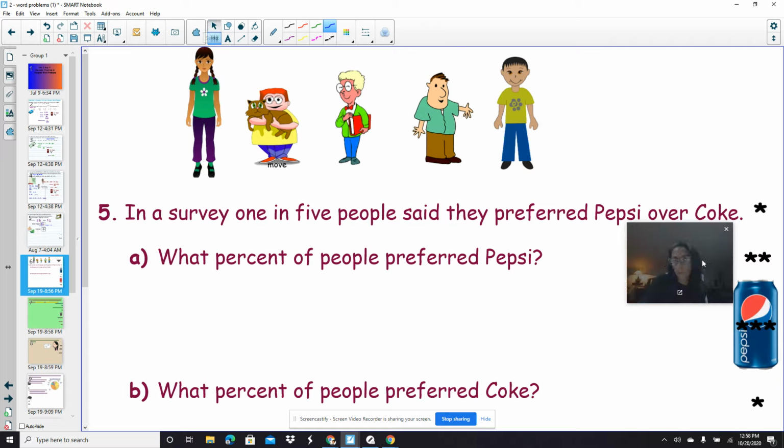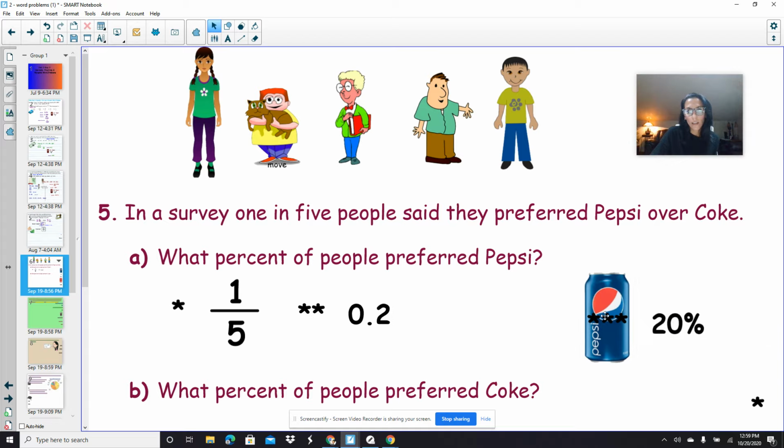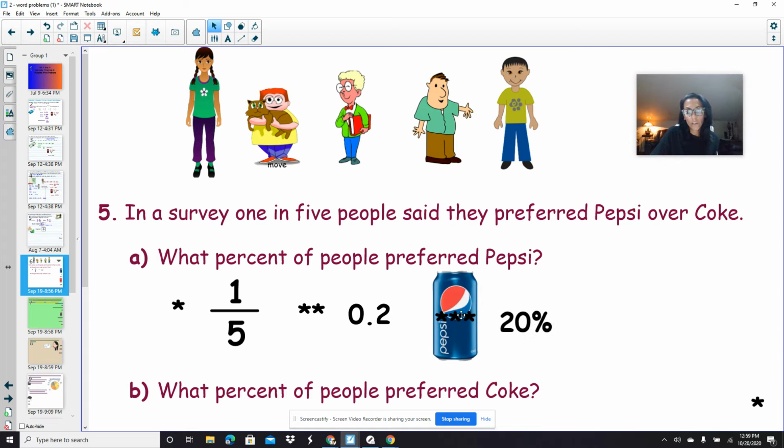Alrighty, cruising through this. In a survey, 1 in 5 people said that they preferred Pepsi over Coke. Okay, so if we're trying to figure out what percent of the people preferred Pepsi, well, we're going to take that fraction, convert it to a decimal, and then multiply by 100 and move the decimal point 2 places to the right.